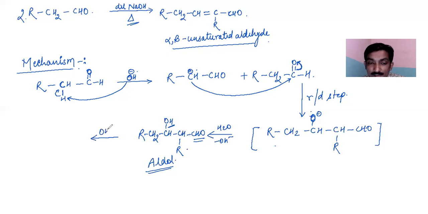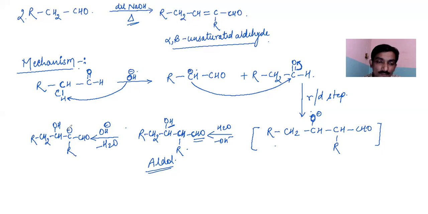We still have the base in it, and the CHO group keeps on withdrawing the electron, making this carbon, that is its vicinal carbon, electronegative. So the hydrogen of this carbon can be easily taken out by the base, forming another carbanion. Now we have this carbanion.